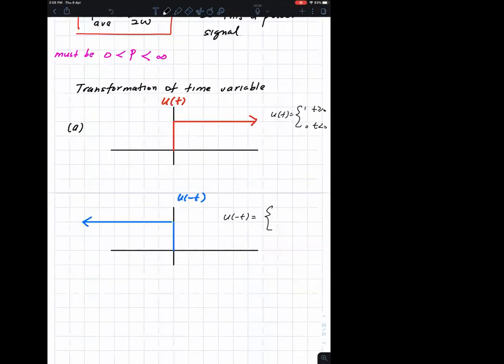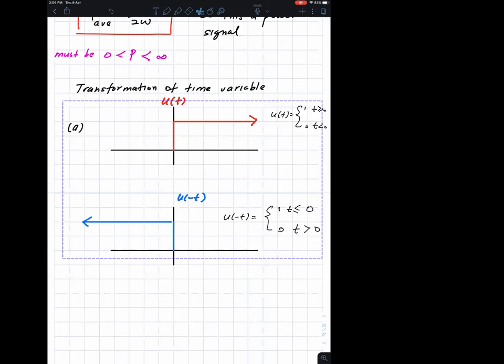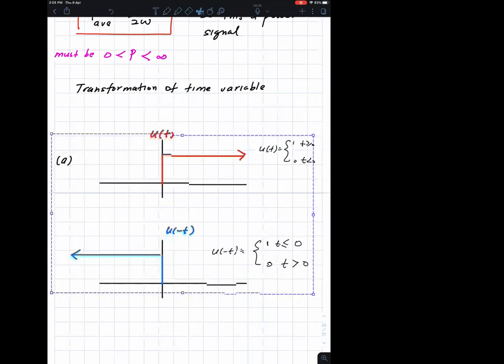It's going to be 1 for t less than or equal to 0, but it's going to be 0 for t greater than 0. So this is time inversion. This is called a transformation.